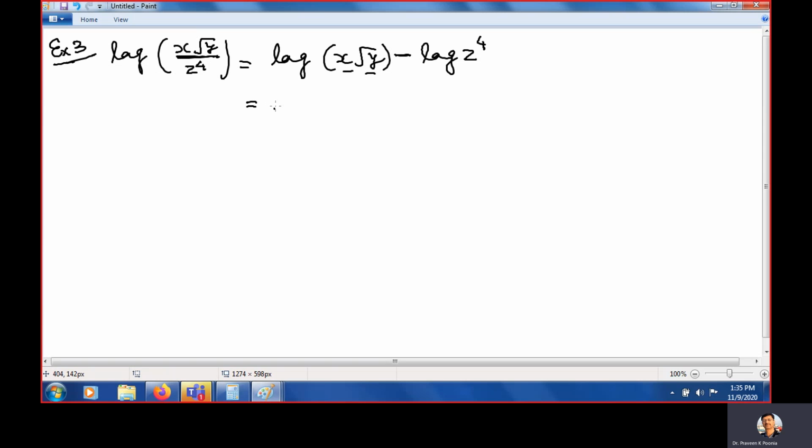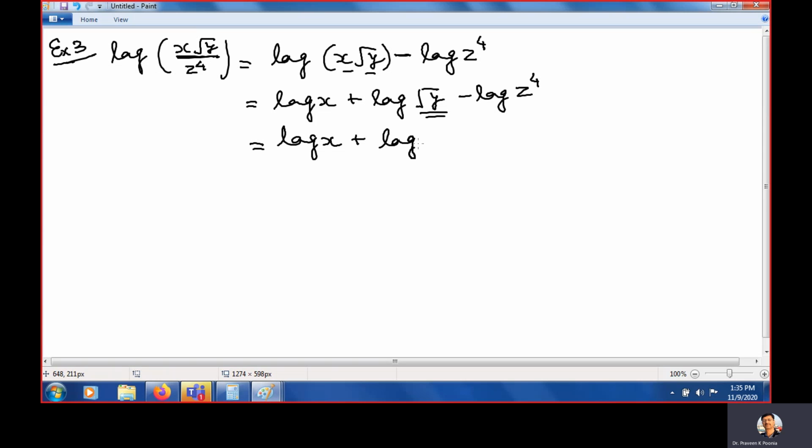Now multiply: log of x plus log of square root y minus log of z power 4. And if you see, my dear students, this is a square root. Square root we can write as log y power 1 upon 2, because square root means 1 upon 2, minus log z power 4.